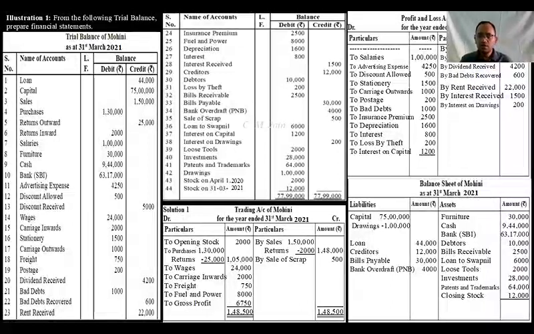Now total the debit and credit columns of profit and loss account in rough.